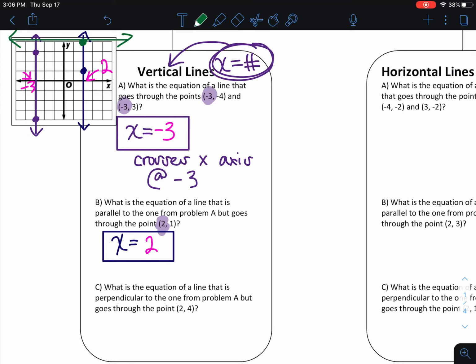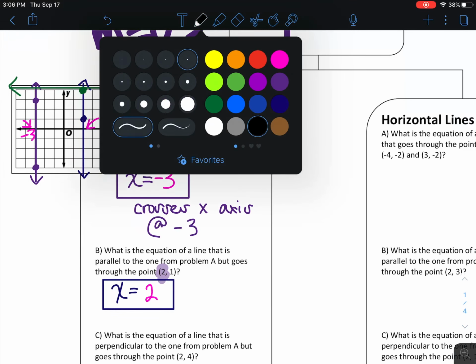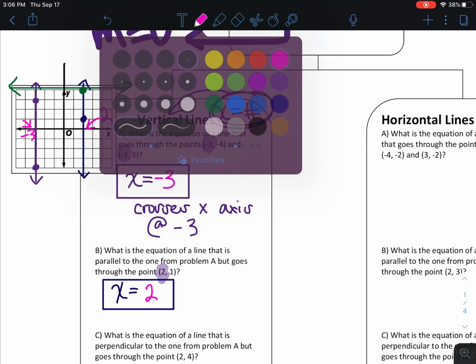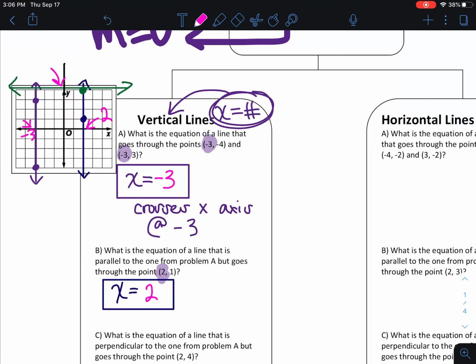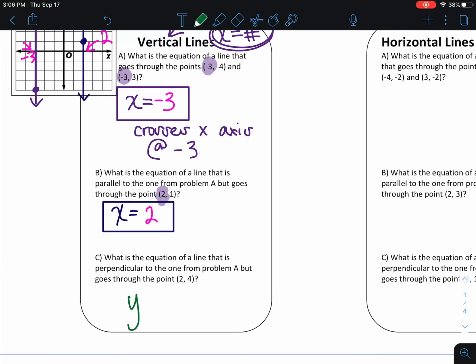Now, what is the equation? Well, this time it doesn't cross the x-axis, but if I kept the y-axis going up, it definitely crosses the y-axis. And where does it cross the y-axis? It crosses at 4. So since it crosses the y-axis at 4, we're going to write y equals 4 as the equation.